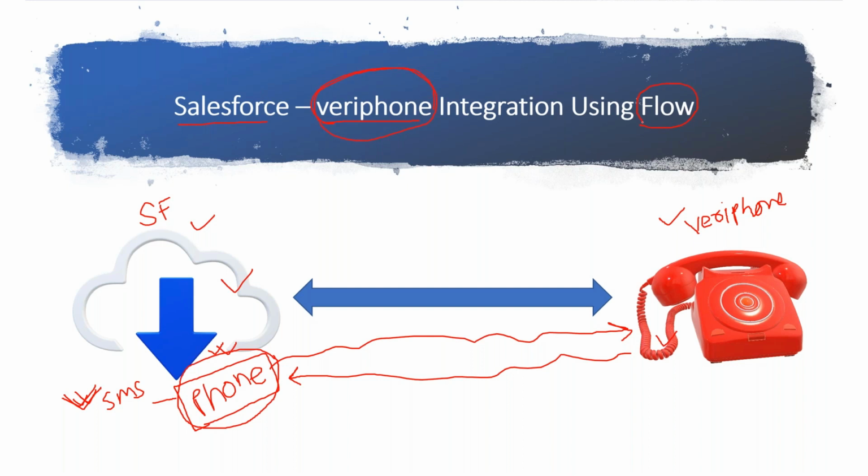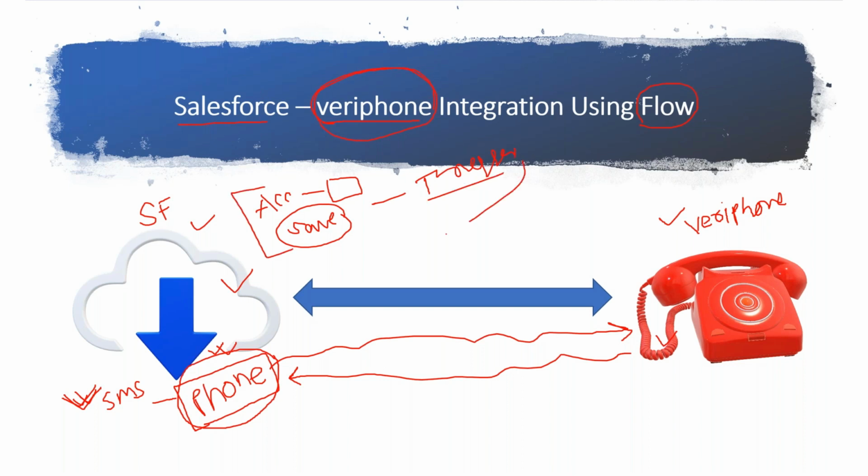For example, whenever I'm going to create an account, and the moment I have my account phone number, and when I click save, I'm going to write an auto launch flow, or you can say a trigger flow, which will fire on my account insert or account update.